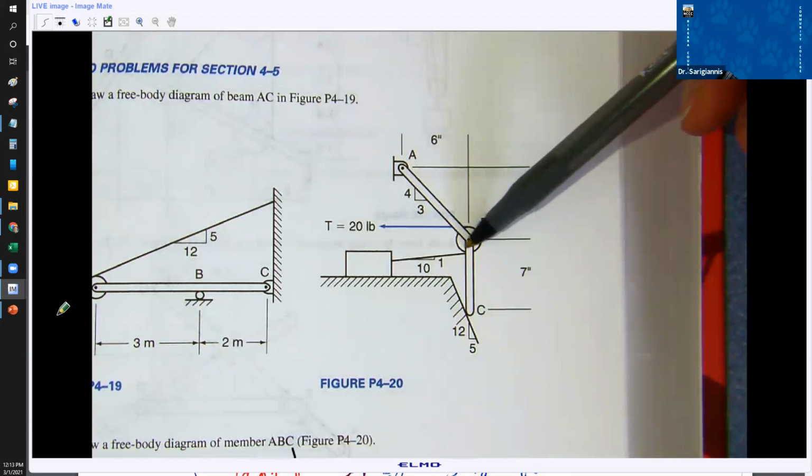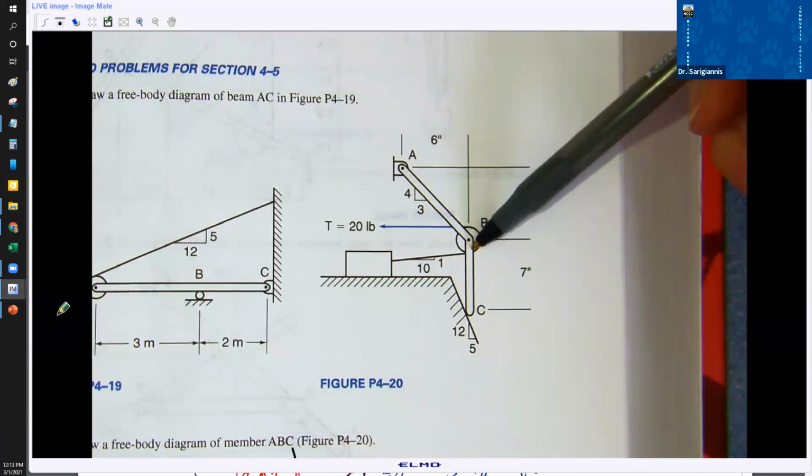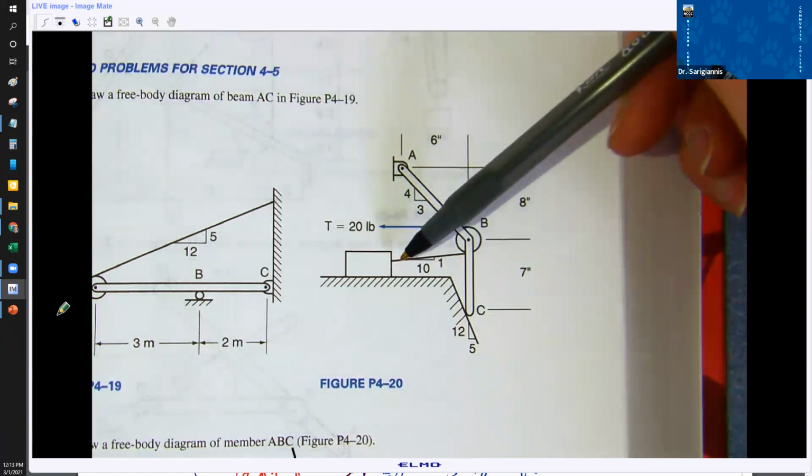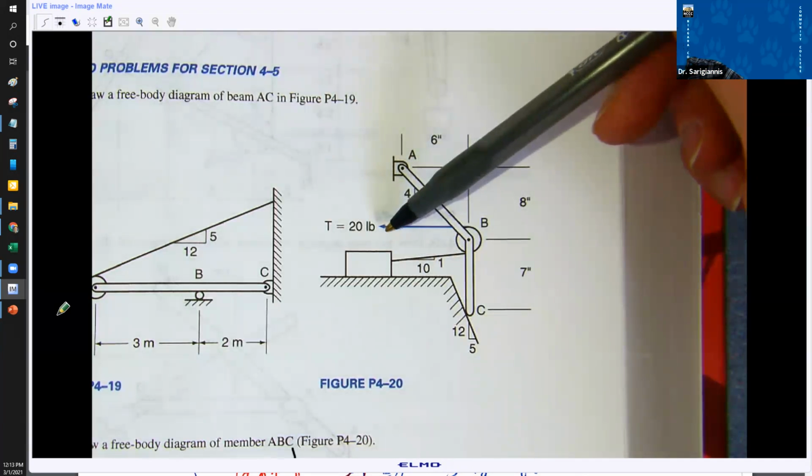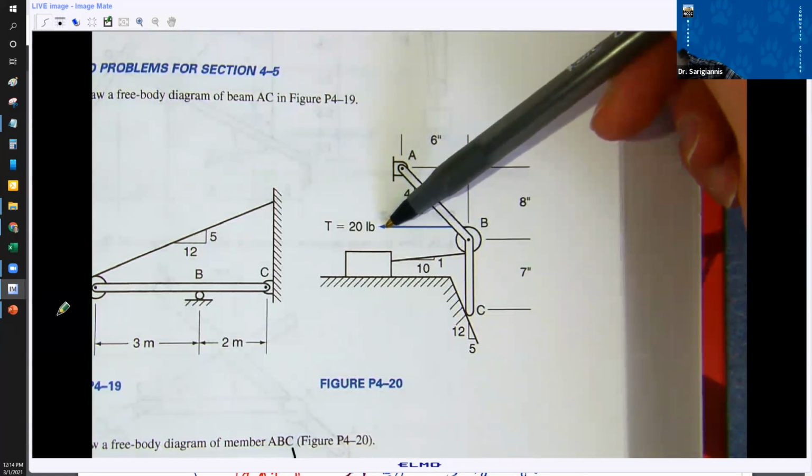Here you've got tension acting at B, and there are two forms of tension. There are two tension components, right?